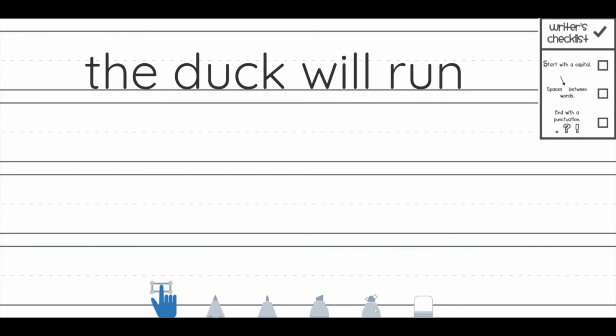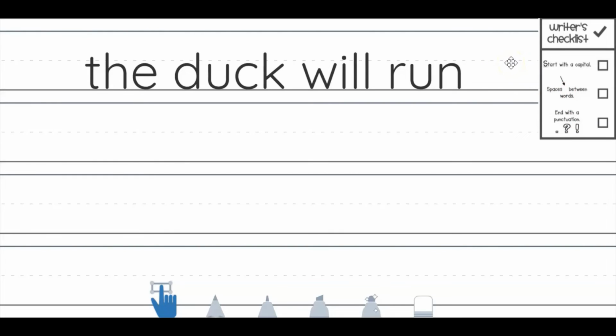Practice with sentences. Today, I have given you sentences that we need to make sure are complete. Remember our checklist from last week. Our checklists start with a capital, also known as an uppercase, finger spaces between words, and end with punctuation. So right now, is this sentence complete or incomplete?